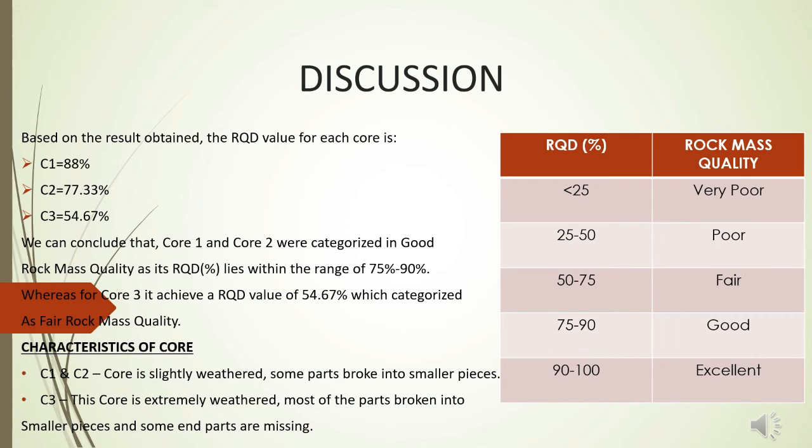So we can conclude that core 1 and core 2 were categorized as good rock mass quality, as their RQD lies within the range of 75% to 90%, whereas core 3 achieved an RQD value of 54.67%, which is categorized as fair rock mass quality.